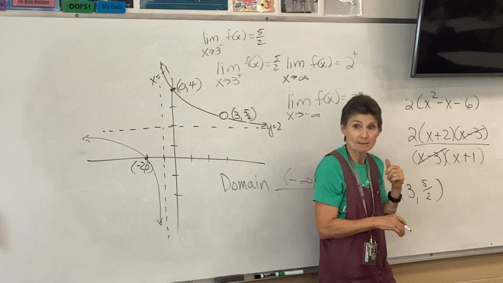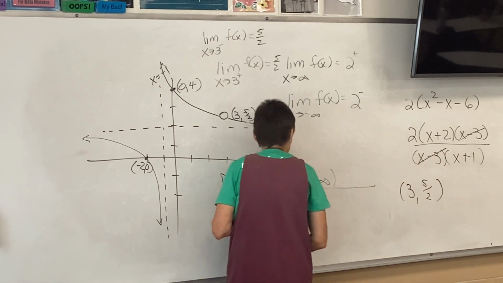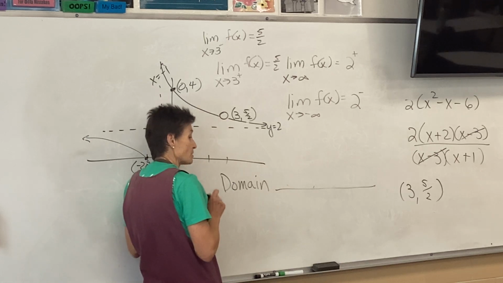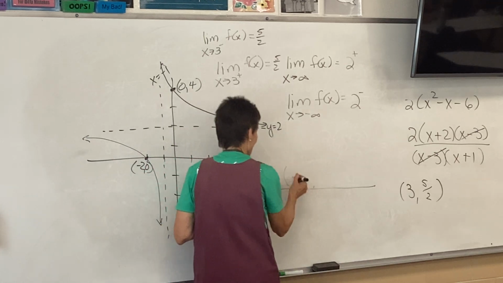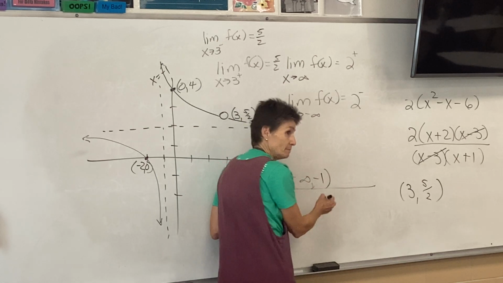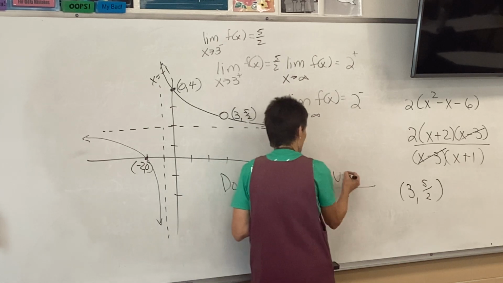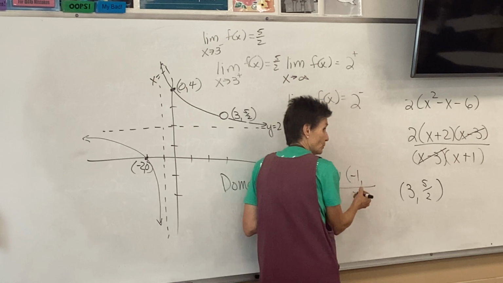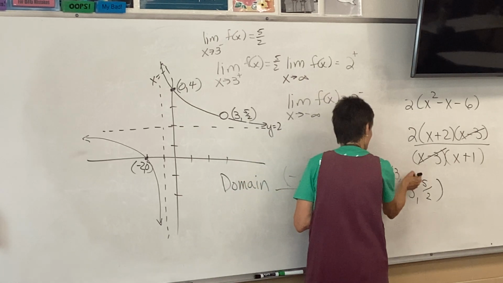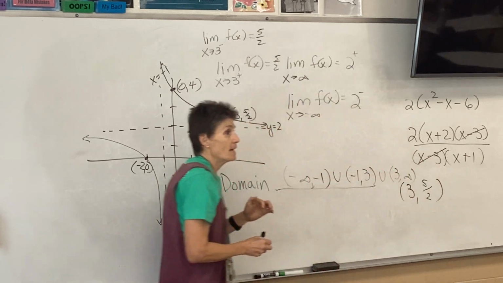Would you agree with me? So what's our domain? Let's revise this. It's almost everything. It's going to be negative infinity to -1, and then -1 to 3, and then 3 to infinity.